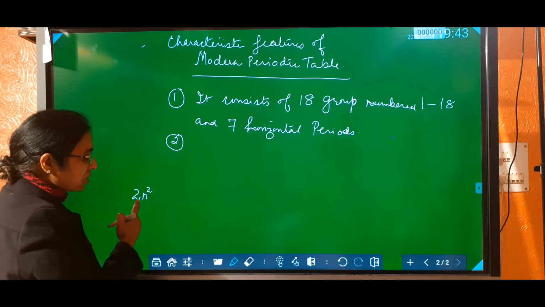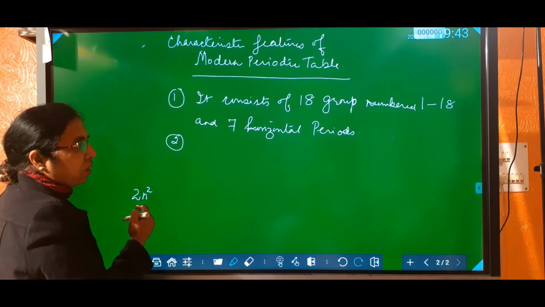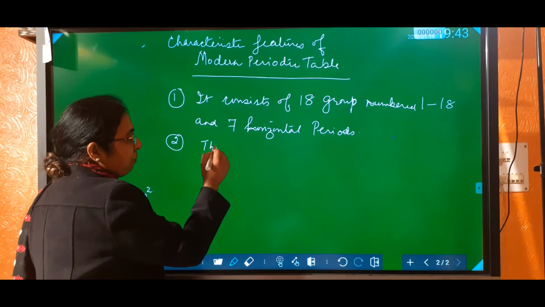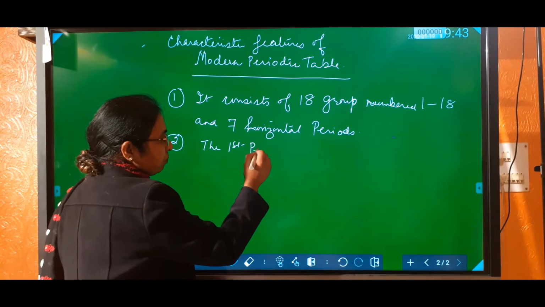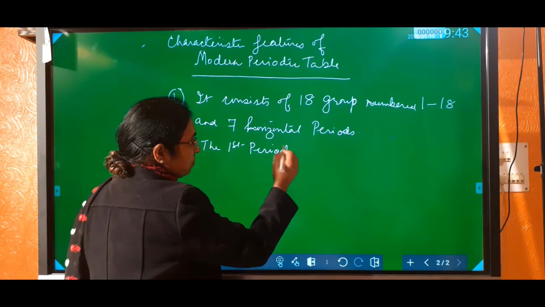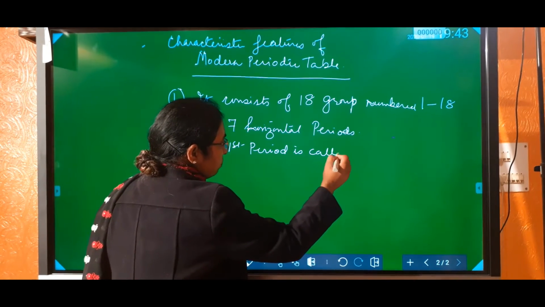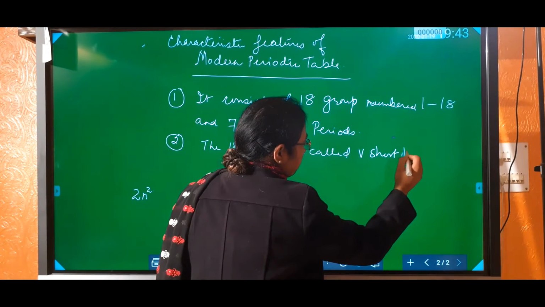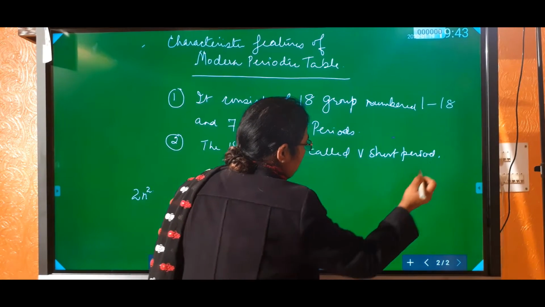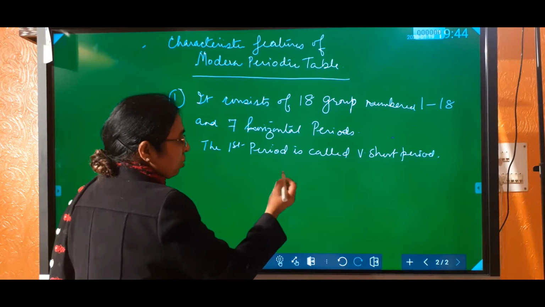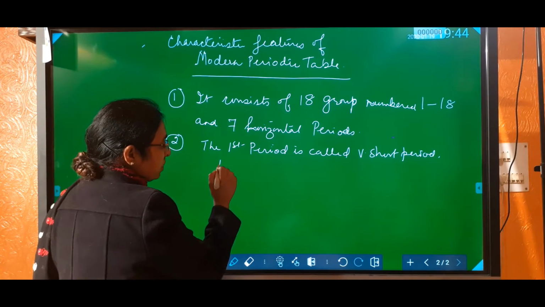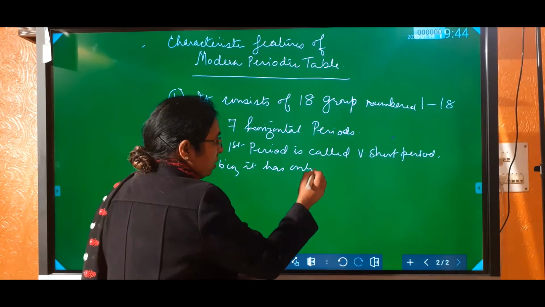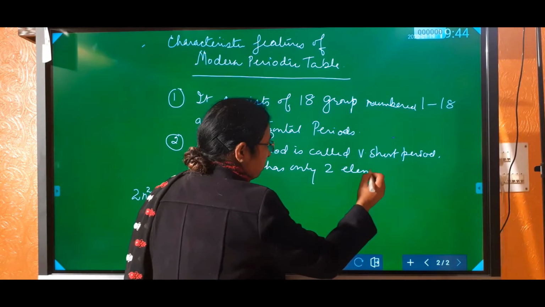So the first period is called a very short period because it has only 2 elements.